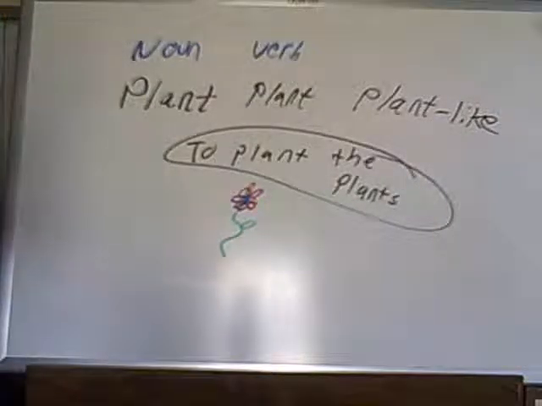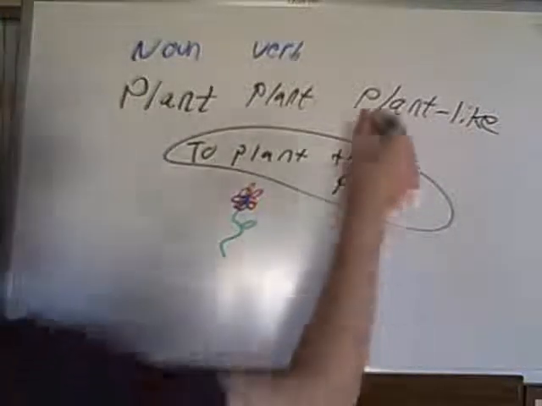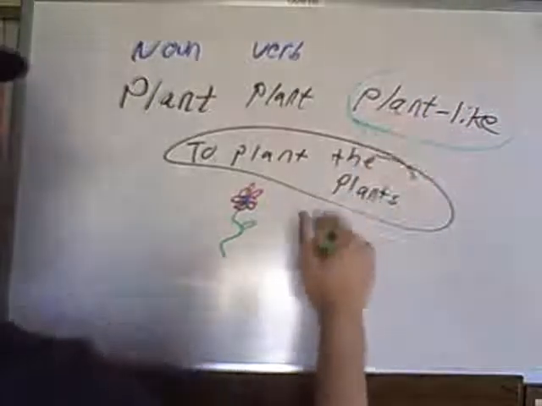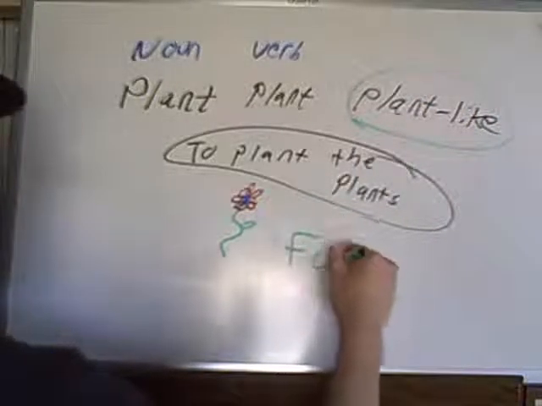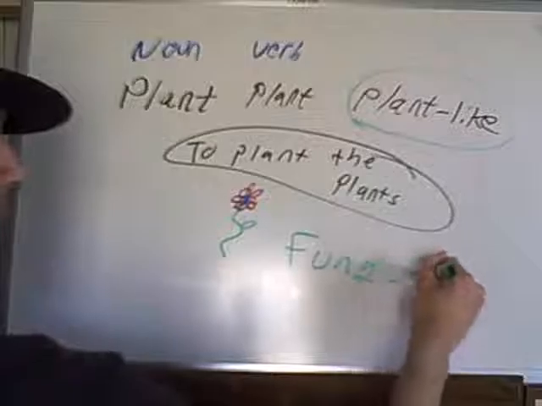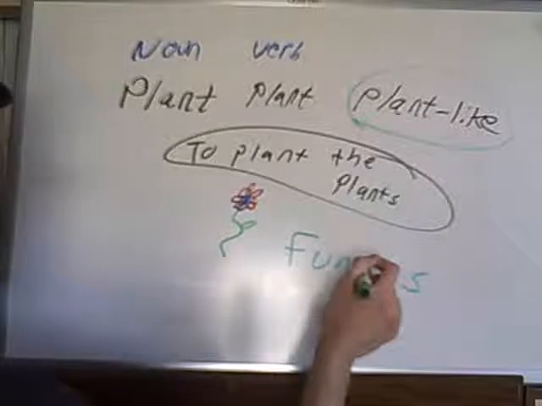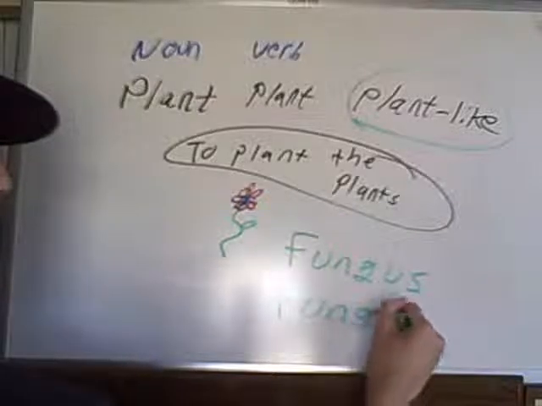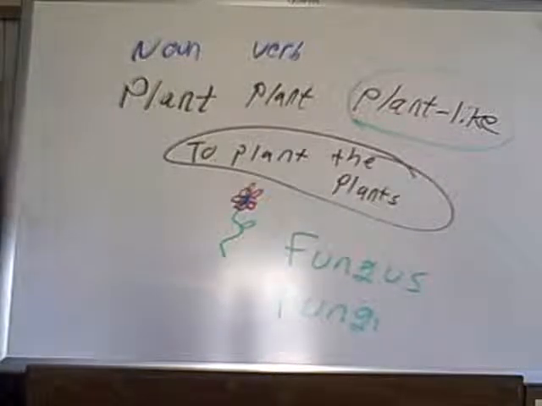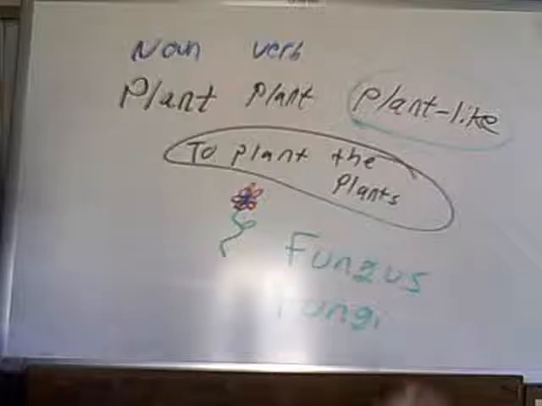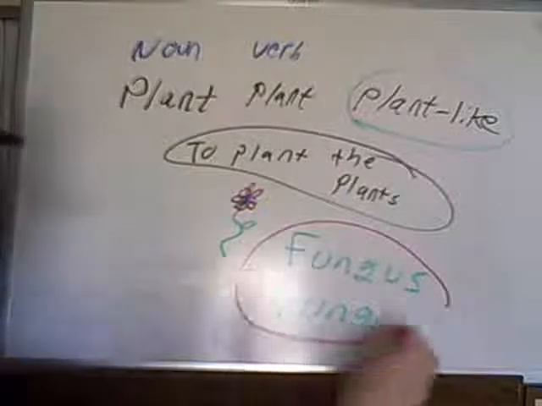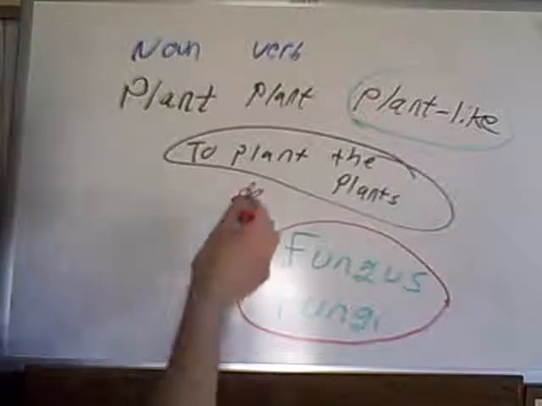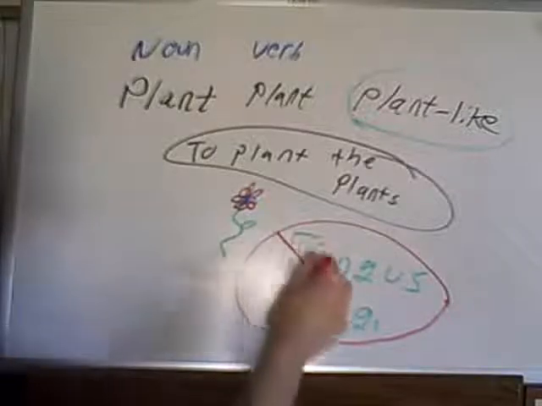Now, there are some forms of life, like the fungus. And if there is more than one fungus, fungi. Now, fungi look and behave a lot like plants, but they're not plants.